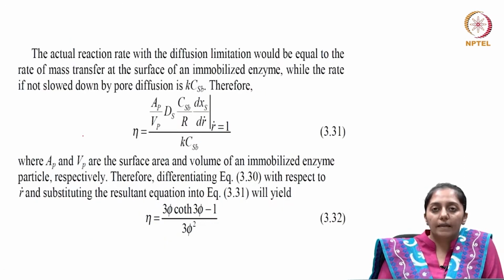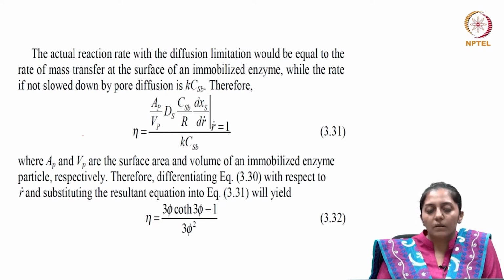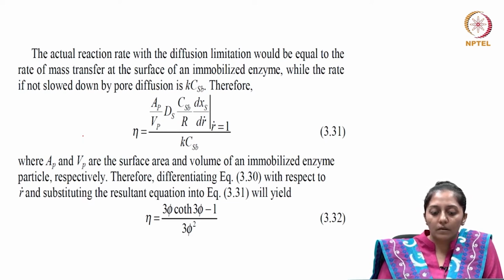Now, in order to find an expression for the efficiency factor in such a system, if you remember, it is the ratio of the actual reaction rate to the reaction rate without diffusional limitations. Without diffusional limitation would mean maximum mass transfer. So, the maximum mass transfer rate would be what?